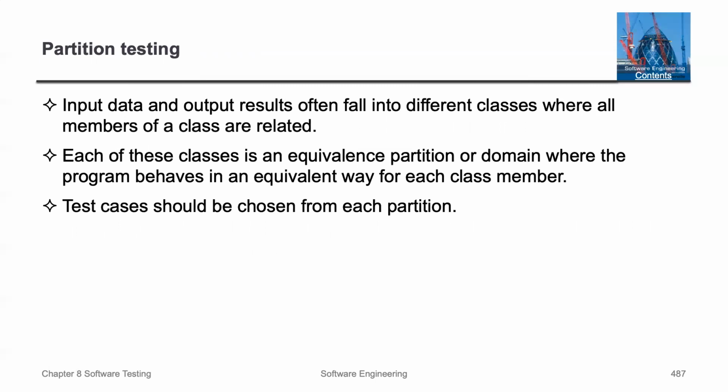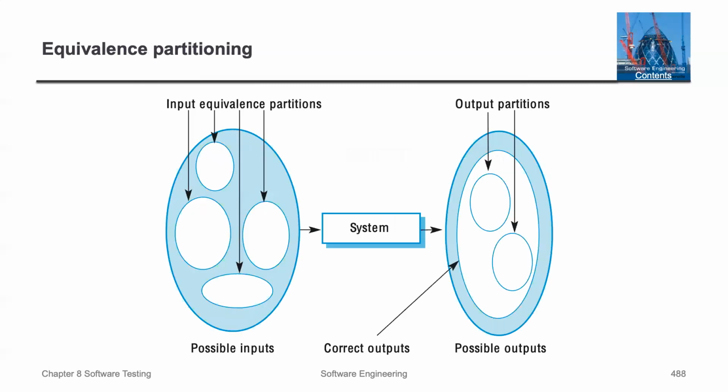So for partition testing, the input data and the output results often fall into different classes where all members of the class are related. Each of these classes is an equivalence partition or domain where the program behaves in an equivalent way for each class member. Test cases should be chosen from each partition.